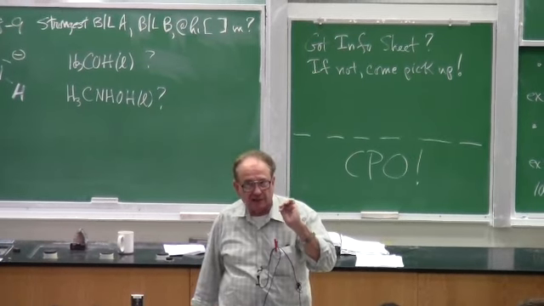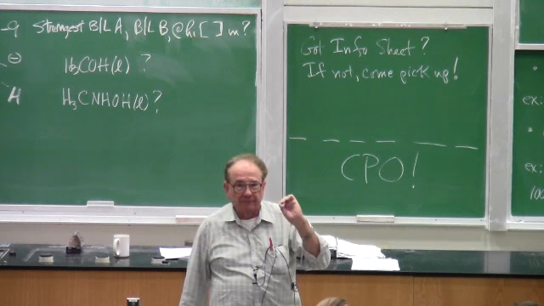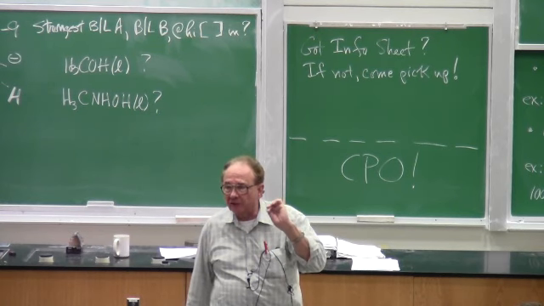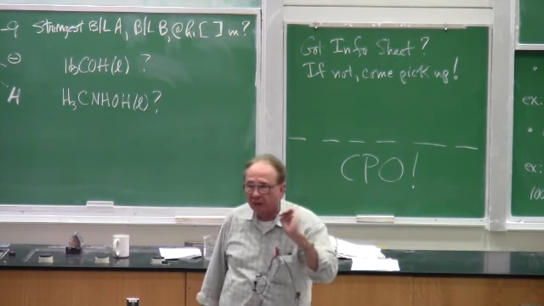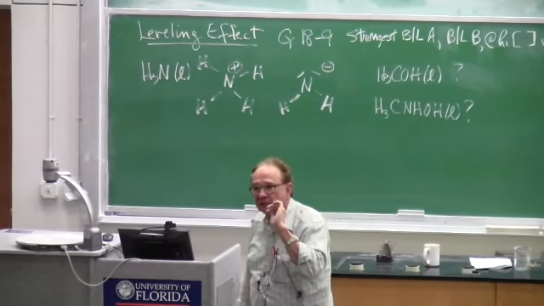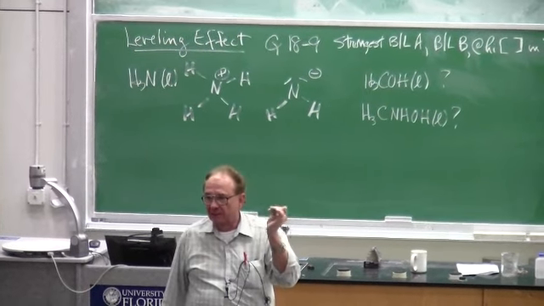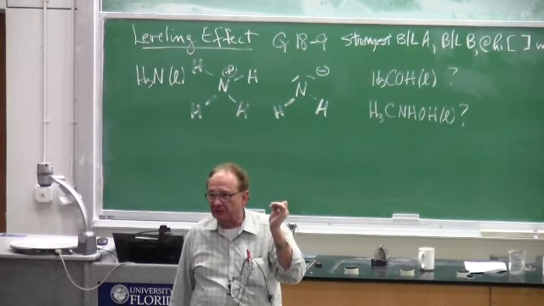Because any acid that's stronger than hydronium ion, like HCl for example, on being dissolved in water by reaction with water, converts, practically speaking, to an extent of 100%, to the hydronium ion, and the conjugate base of HCl is chloride.